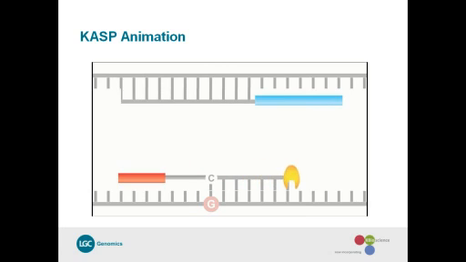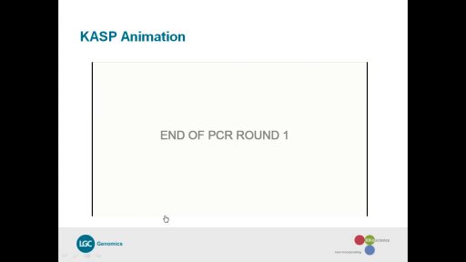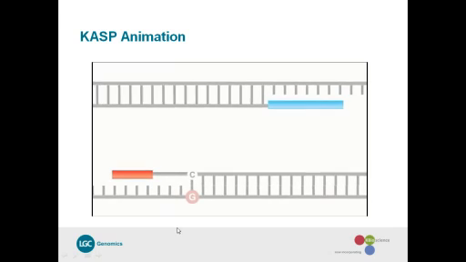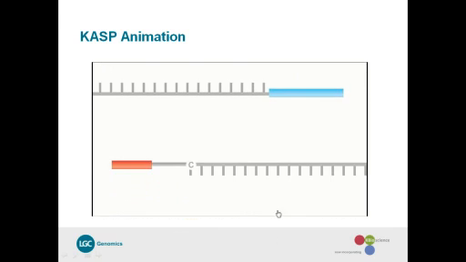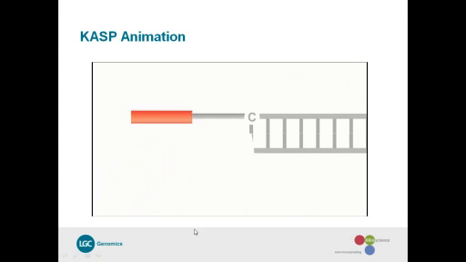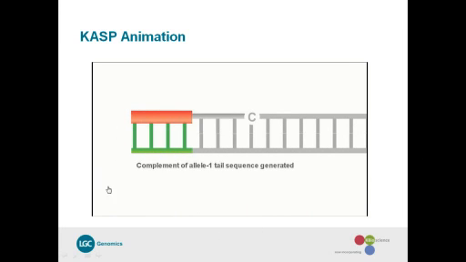So you're going to end up creating an amplicon with this allele 1 tail sequence. And then at the end of the first round of PCR, you denature, and you end up with an amplicon that has this tail sequence, and the common reverse primer generates the complement to that tail sequence in round 2 and in succeeding rounds.